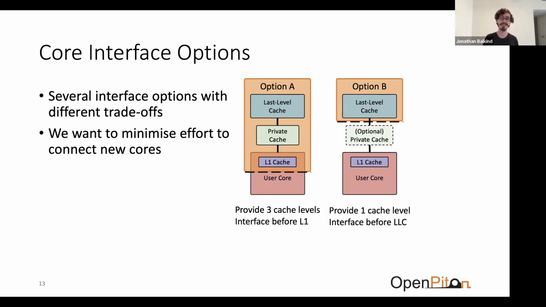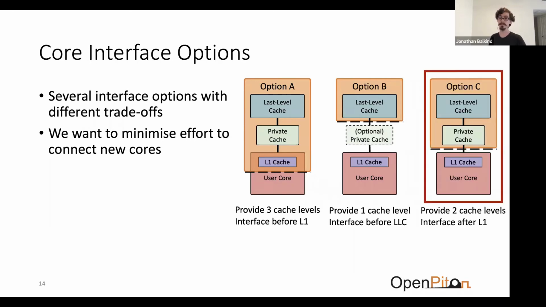It'd be highly likely that the end user would come along and implement their re-implementation and have it be subtly incompatible with the ones provided by other cores. And so we were not really very excited about this option either. So we settled on option C. Option C is that we provide a last level cache and a layer of private cache, and we try to encapsulate as much of the cache coherence protocol as possible. Then the end user comes along with their existing core and might make modifications to their L1 to speak to our layer of private cache.